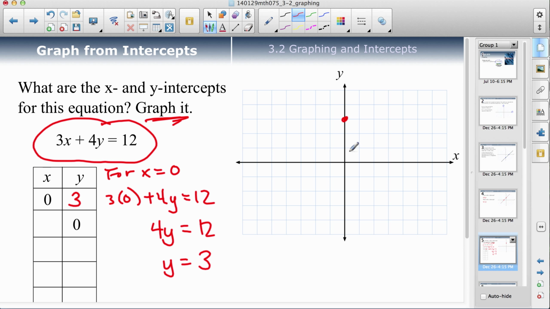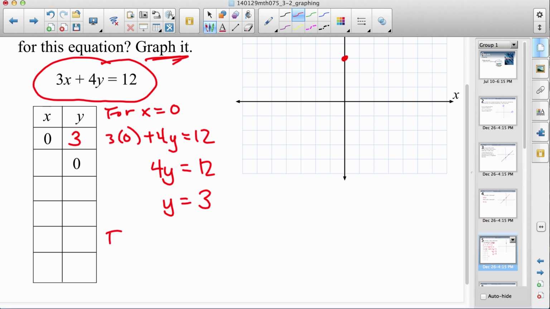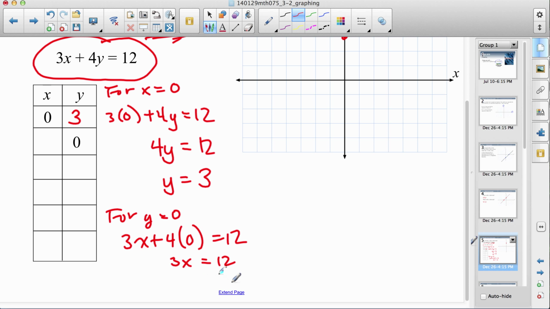So there's my point. Now there's no line yet because I don't have another point to go with. I'm hoping I get a point along here for the x-intercept. So this time, let's plug a 0 in for y. So 3x plus 4 times 0 equals 12. Again, 4 times 0 is 0, and when you add it, it doesn't change it, so I get 3x equal to 12.